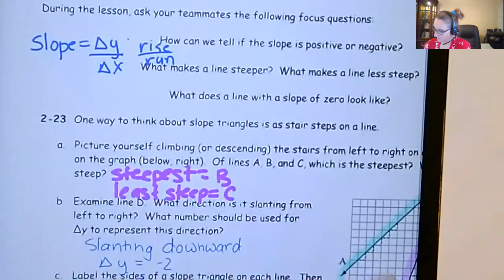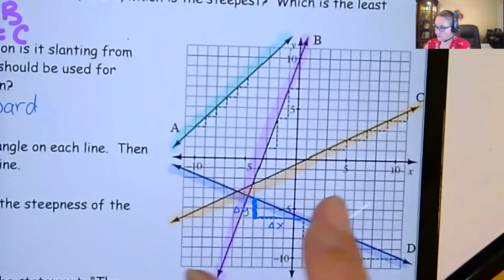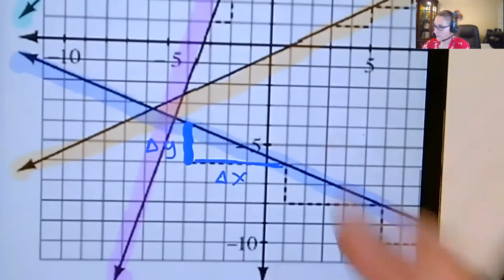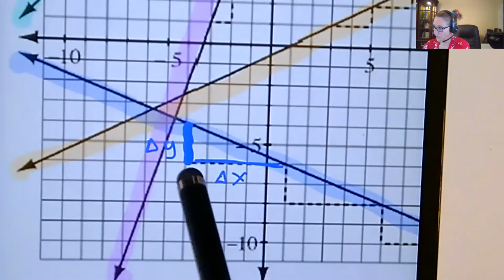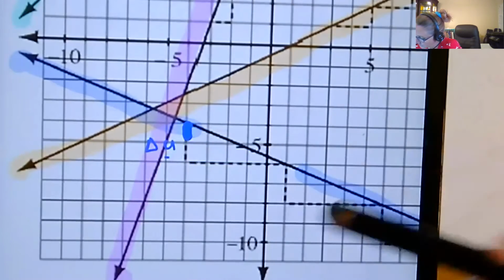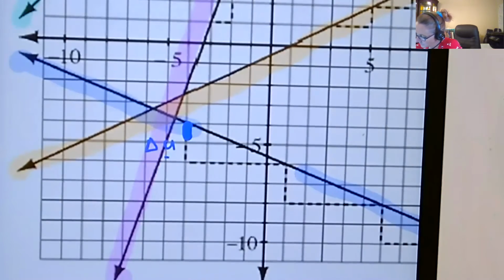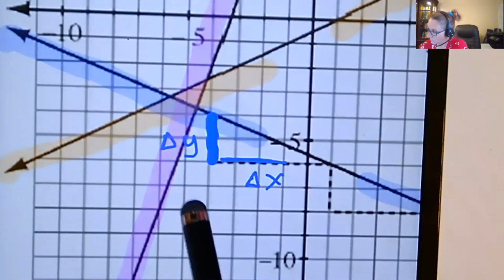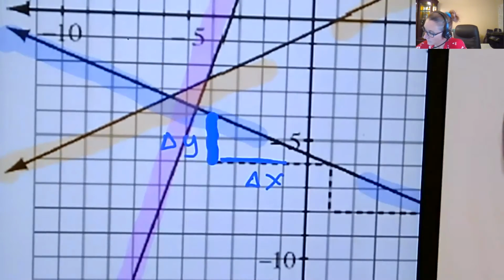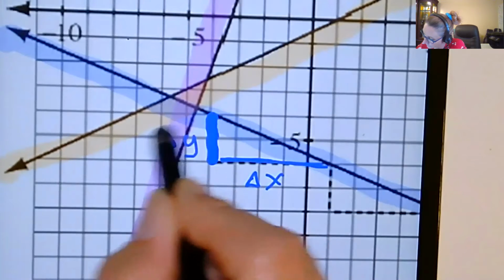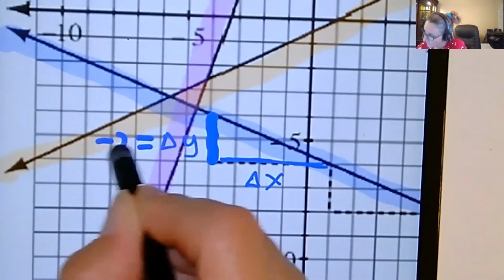So now let me take a look at all of these different slopes. This one here, again, this is my change of y, this is my change of x. Let me just write those numbers here. Okay, so this change of y, we said was -2, so that was equal to a -2.